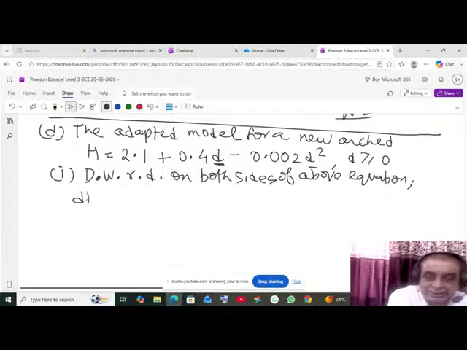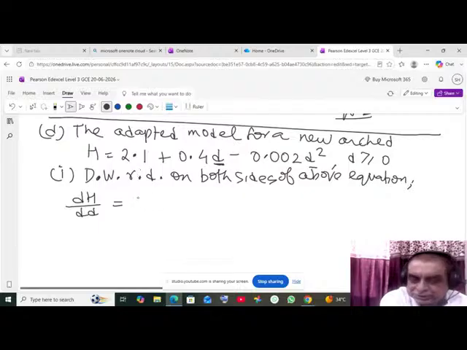So dh upon dD: the constant number differentiates to 0, and 0.4D differentiates to 0.4. On differentiating the last term, the power 2 comes down and multiplies with 0.002.